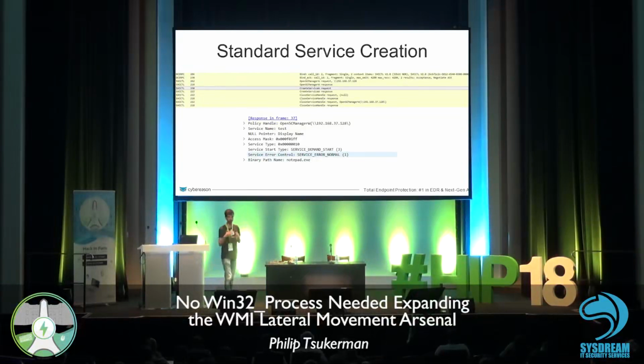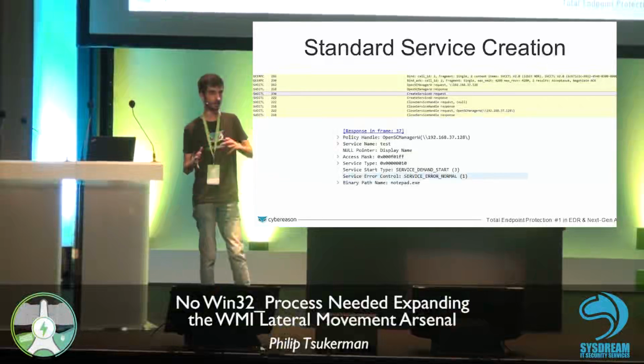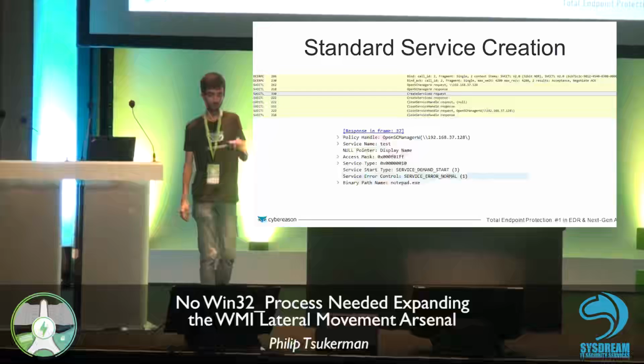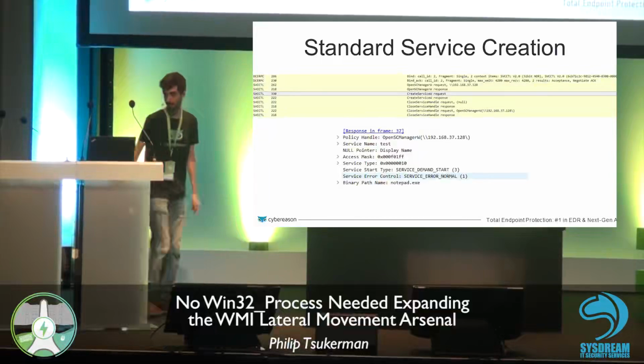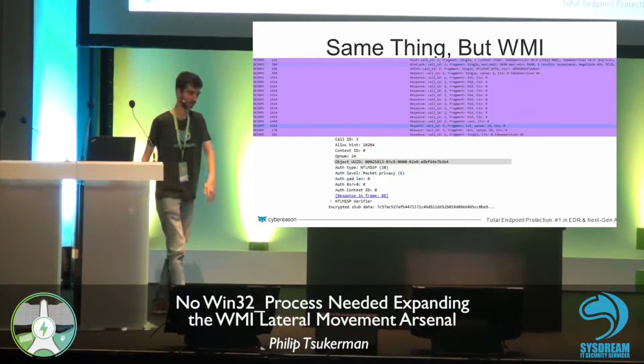There are some levels of encryption of DCE-RPC, but even at the highest level of encryption, you could still find out that somebody is calling the create service function on the service manager. Now, if you implement the same thing using Win32 service, you see something else entirely.